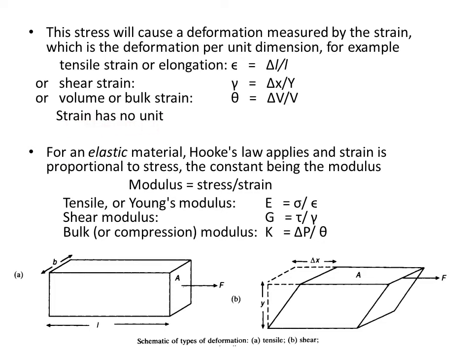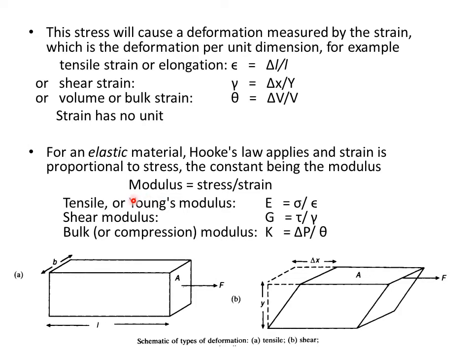For an elastic material, Hooke's law applies, and strain is proportional to stress, the constant being the modulus. So we can calculate the various moduli by doing stress over strain.